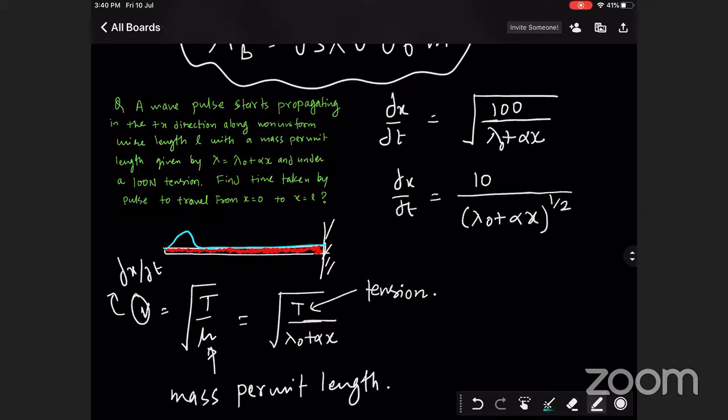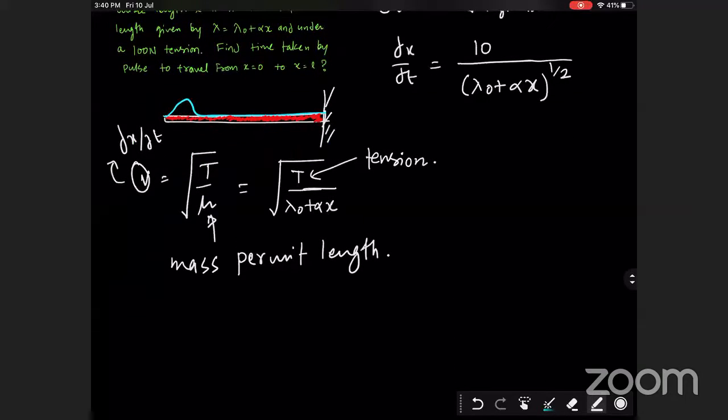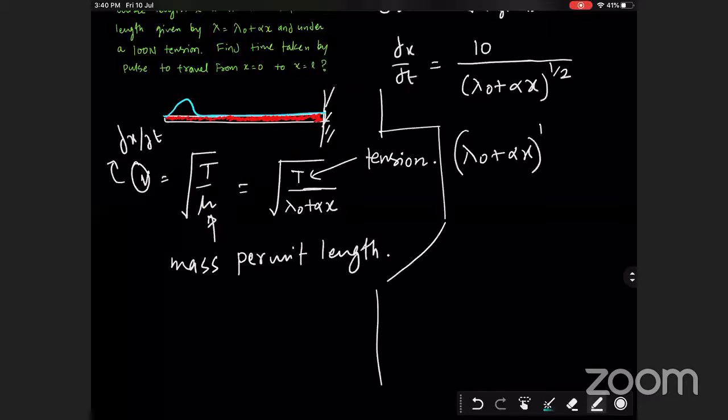Now let's transfer x and t to the other side to integrate this. Lambda naught plus alpha x power 1 by 2 dx is equal to 10 dt.